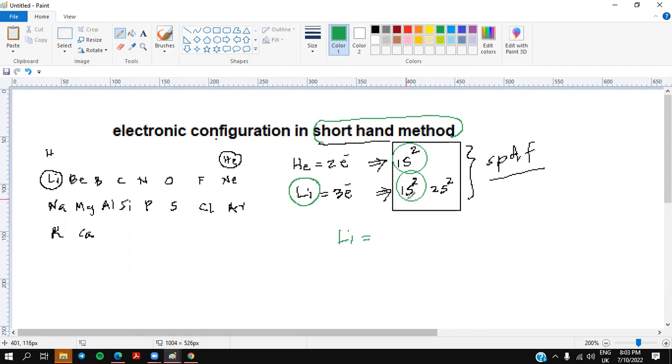Don't start with 1s2. We know 1s2 is the electronic configuration of helium. Open a square bracket. Instead of 1s2, write helium. Close it and write 2s1. This is the meaning of shorthand method electronic configuration.